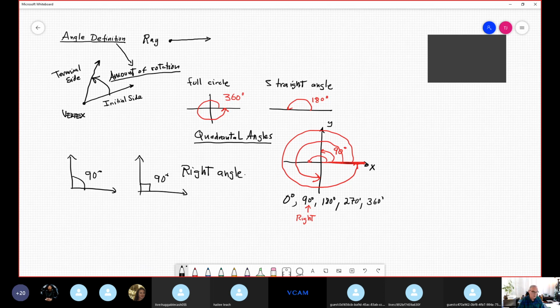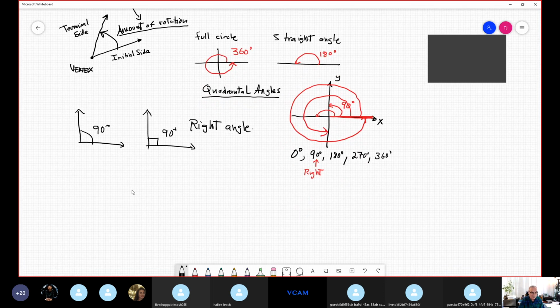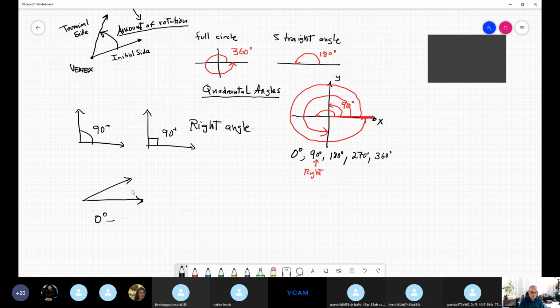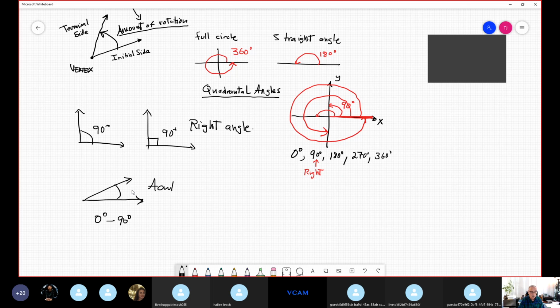We have, for example, when the angle is less than 90 degree, so it's in between 0 degree and 90 degree, like that, it is acute. An acute angle is 30 degree, 45 degree, 60 degree, 75 degree.